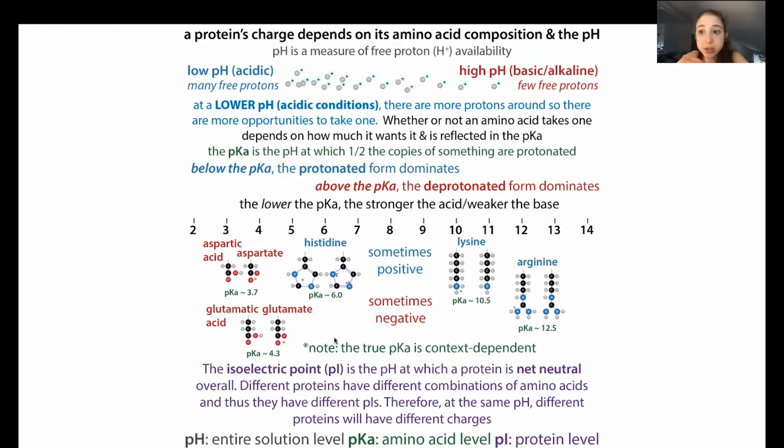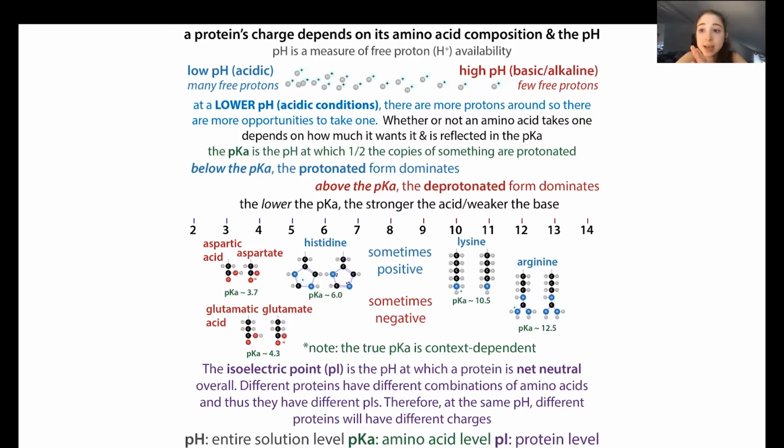Different proteins are going to have different pI's because they have different amounts of positively and negatively charged residues. If you have a protein with a higher pI, we tend to call these proteins basic, similarly to how we call these basic. And these proteins are more positively charged. So let's think about why. Remember, the pI is the point at which it's neutral.